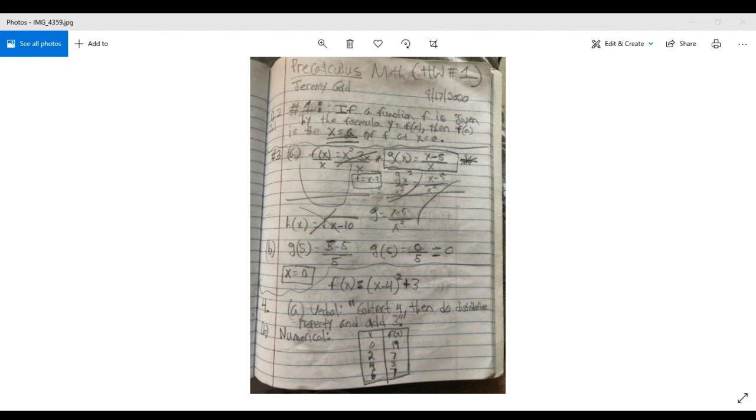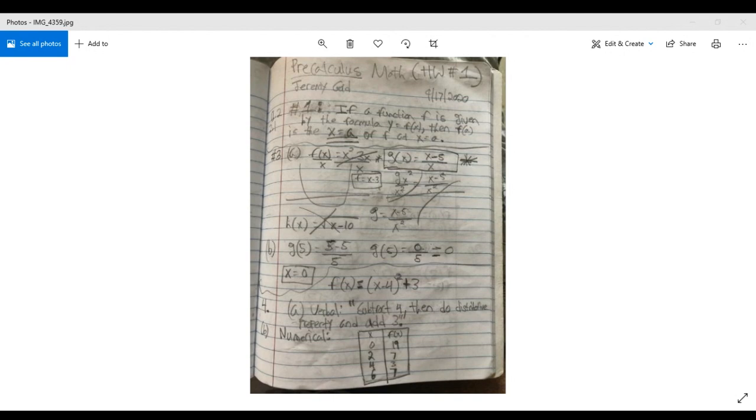And then after that, multiply. Let me see. Add 3 to the variable. Add 3 to the square.